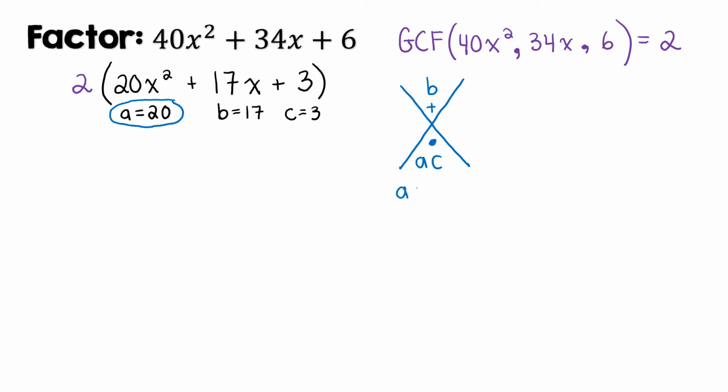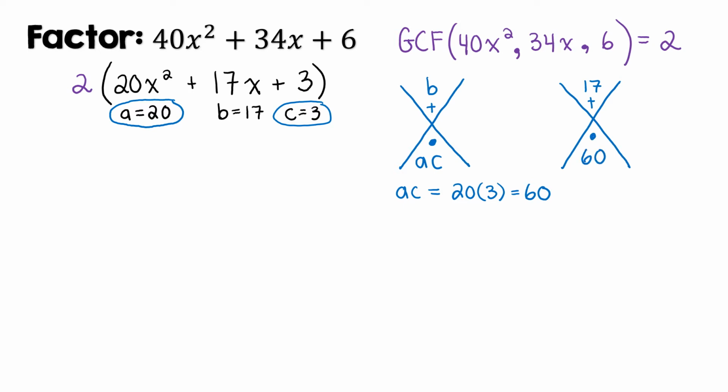So here, AC is equal to 20 times 3, which is 60. So for our sum and product puzzle, we need to find numbers that add to b, which is 17, and multiply to AC, which is 60.